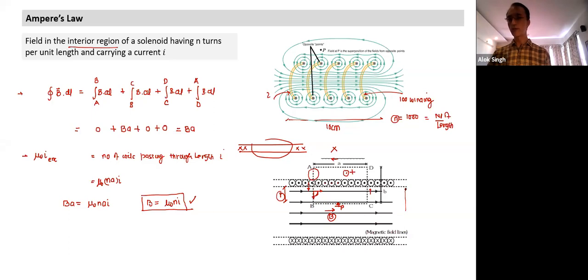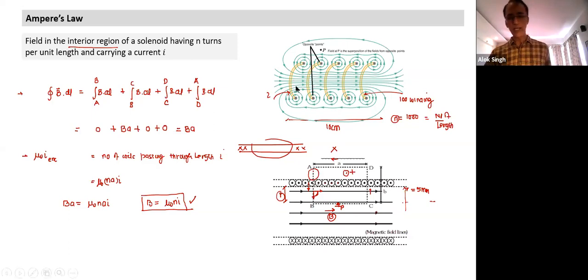Even 2-3 R is a long distance. If the radius is say 5 millimeter, 3 times the radius is 15 millimeter, so anything within that would be taken as the interior region. You never get asked what the interior region is, but you need to understand the field is uniform in the central region of a solenoid. As we come closer to the end, the field becomes lesser.